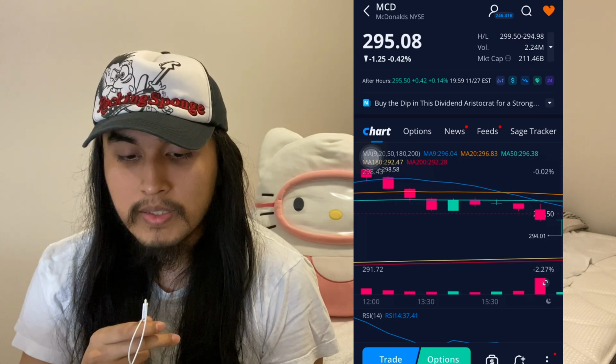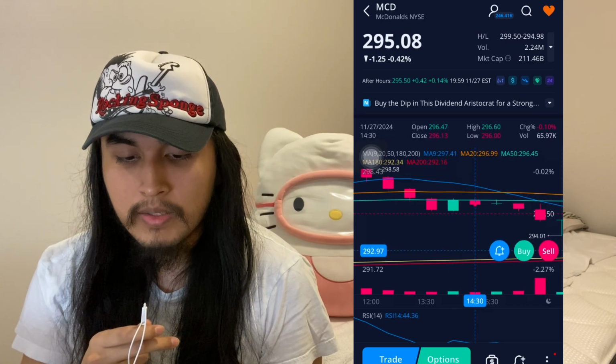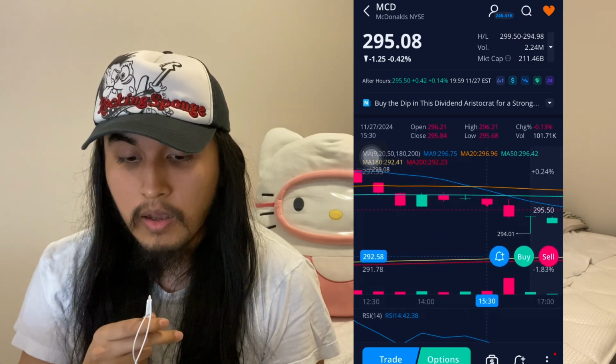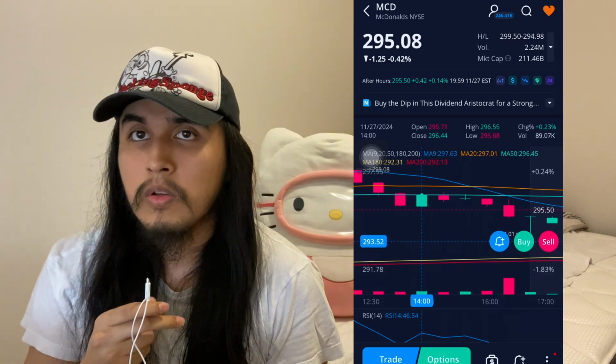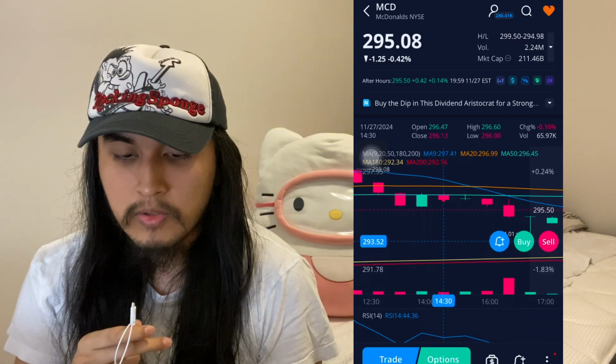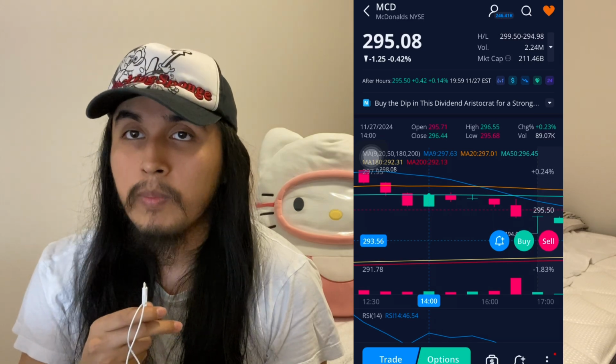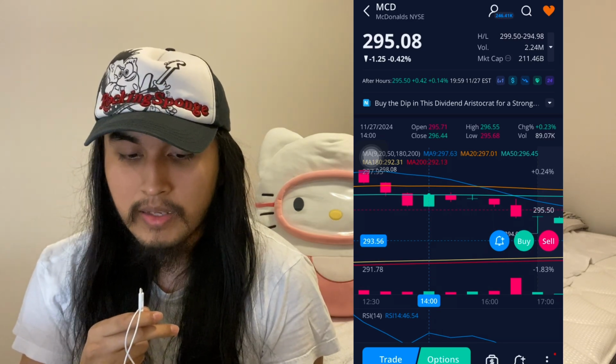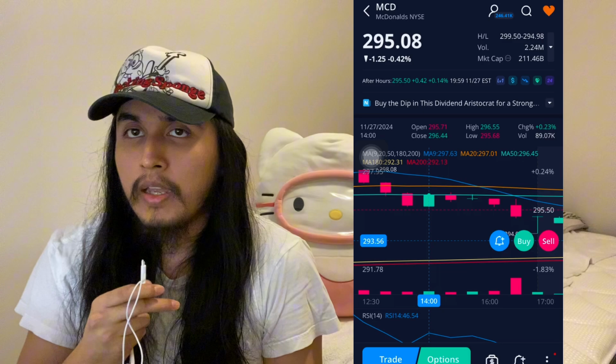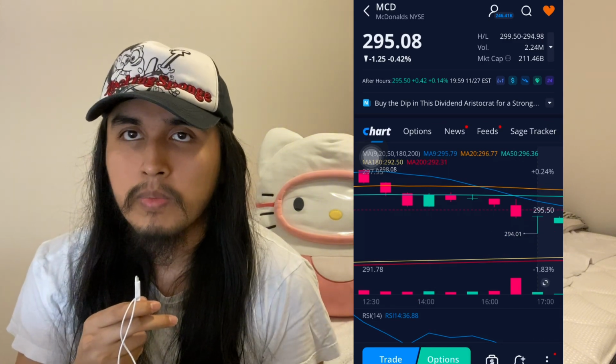You can see that pretty much the whole day McDonald's just had trouble going back up again. And so it was a pretty good idea, as soon as McDonald's went up again and got rejected by the 50-day moving average, to get out of the McDonald's position.